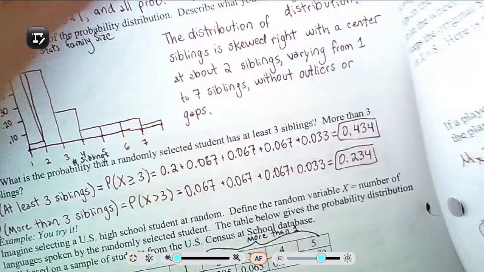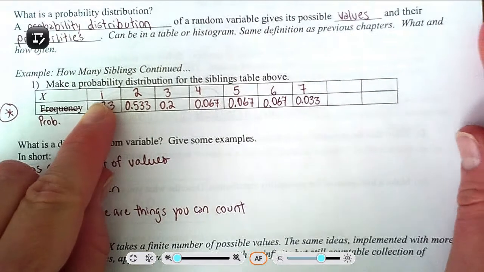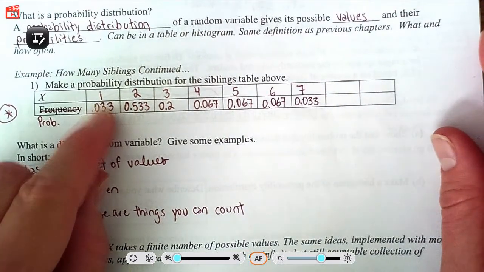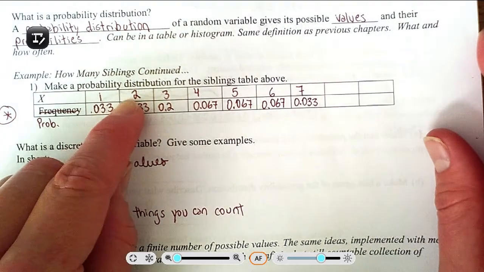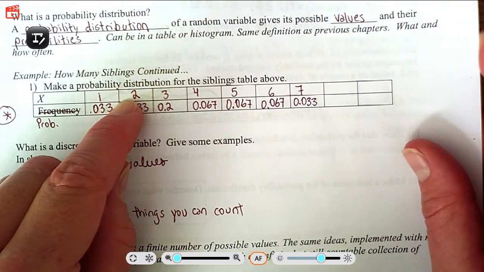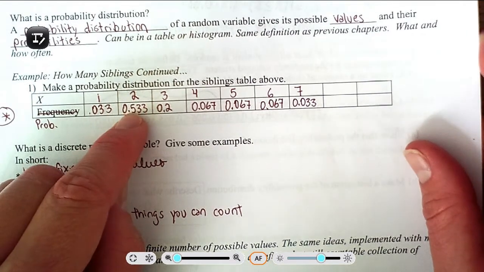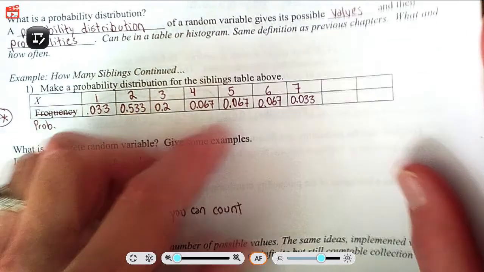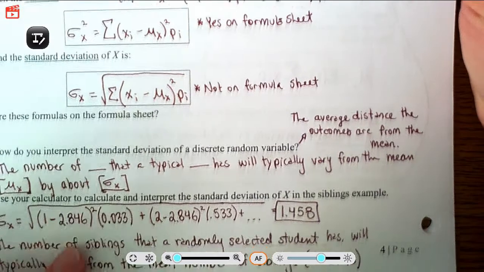So I'm taking 1 minus 2.846 squared times 0.033. Then 2 minus 2.846 squared times 0.533. And then each observation's difference from the mean squared times its probability.